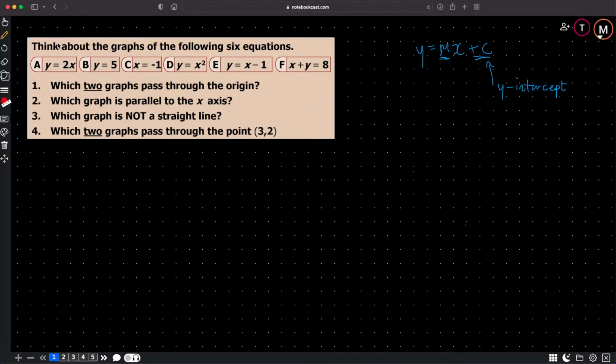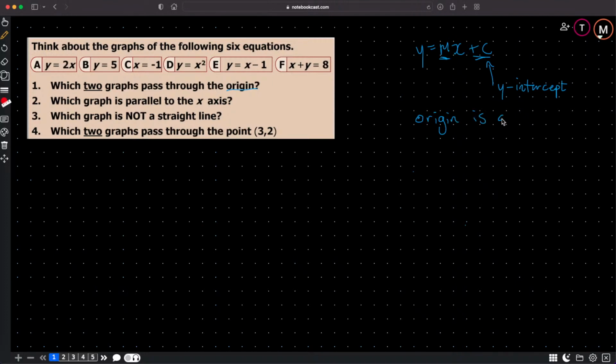Where's the plus c? So y equals 2x doesn't have a plus c. In other words, that means this plus c is 0. So this straight line is going to pass through the origin. We should have also talked about the origin. What does that mean? The origin is 0, 0.